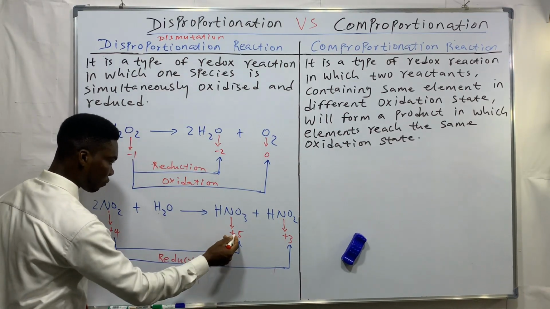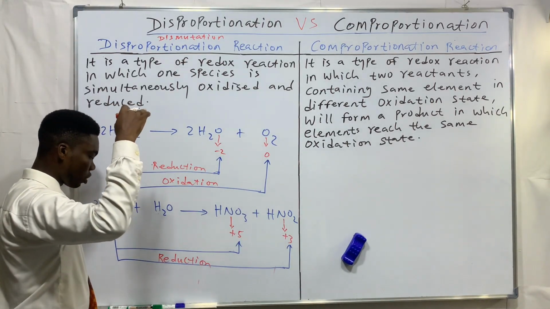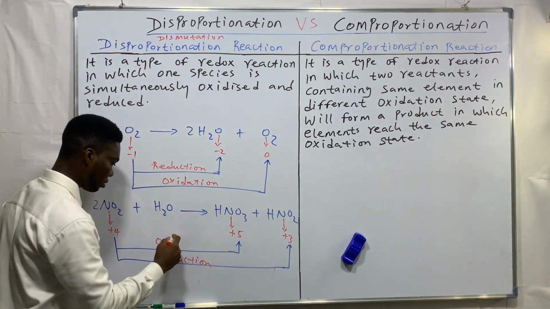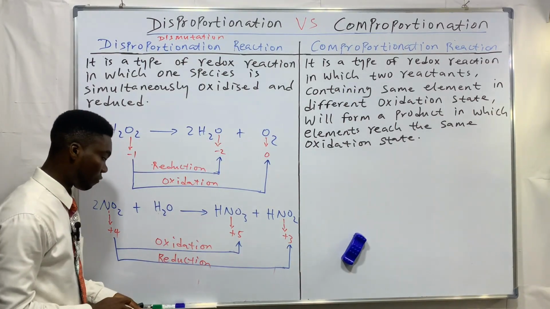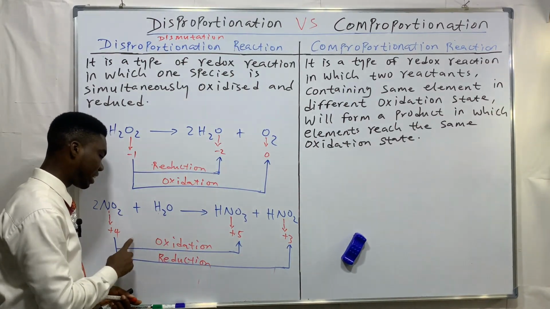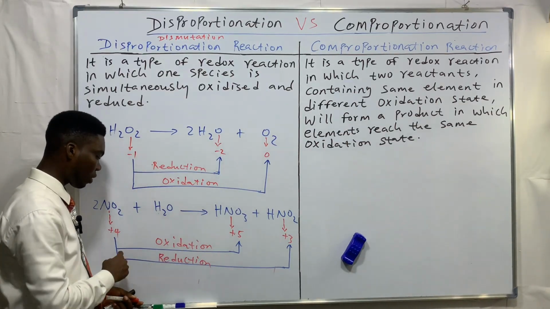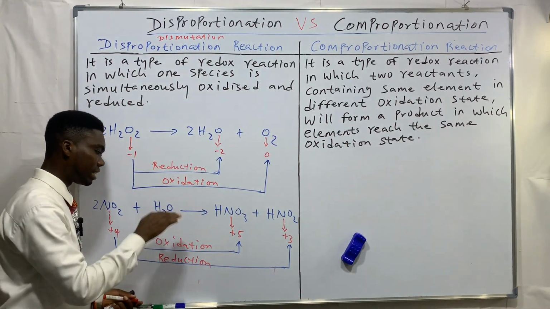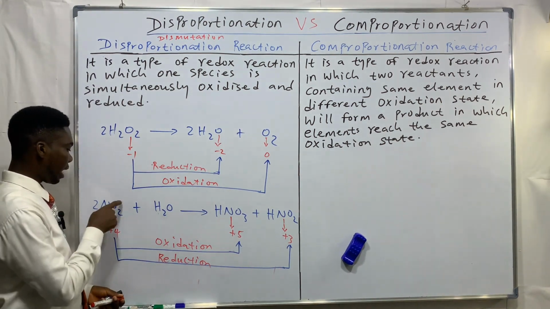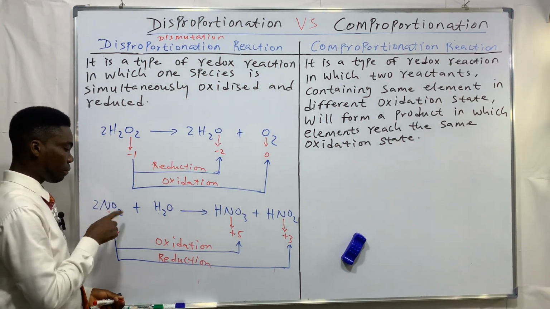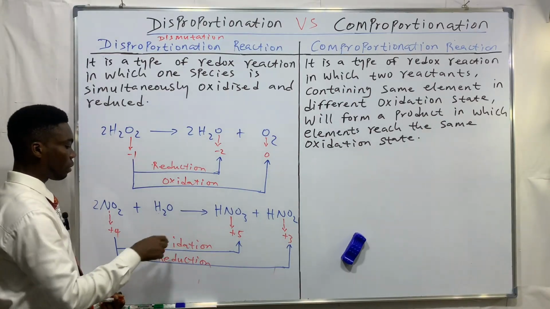From +4 to +5 is an increase in oxidation number, and that is oxidation. One of the definitions of oxidation is an increase in oxidation number, and one of the definitions of reduction is a decrease in oxidation number. Now you can see that a single species simultaneously undergoes oxidation and reduction.